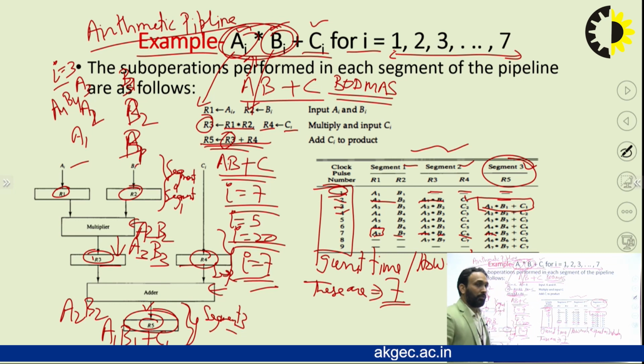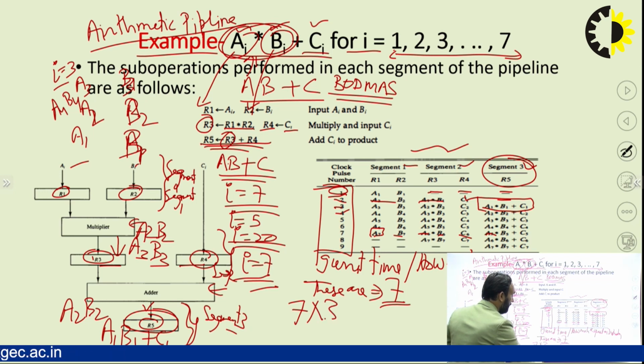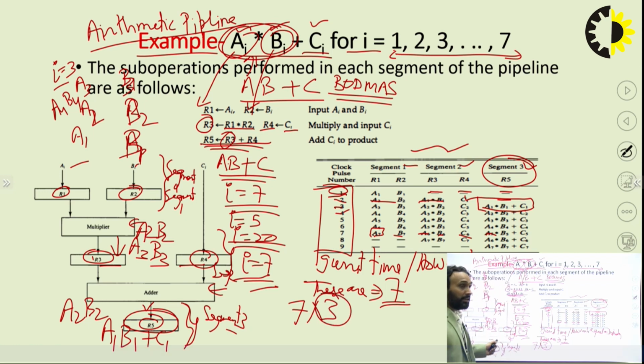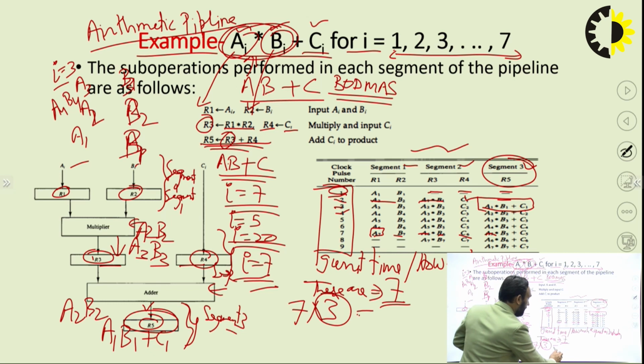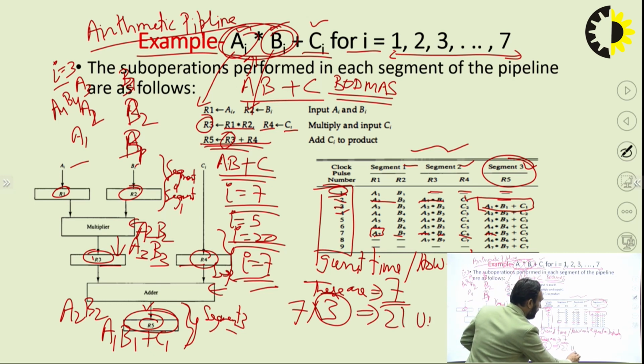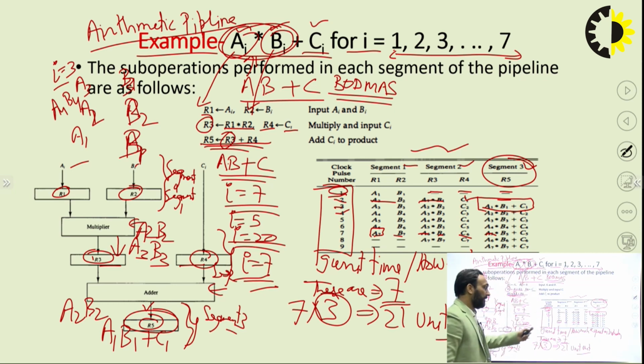What will happen if it is executed with the help of the serial or sequential method? It will take 7 into 3. What is 3? The number of segments. That will take 21 unit time. But in this method, it will execute in only 9 unit time. That is the advantage of pipelining.